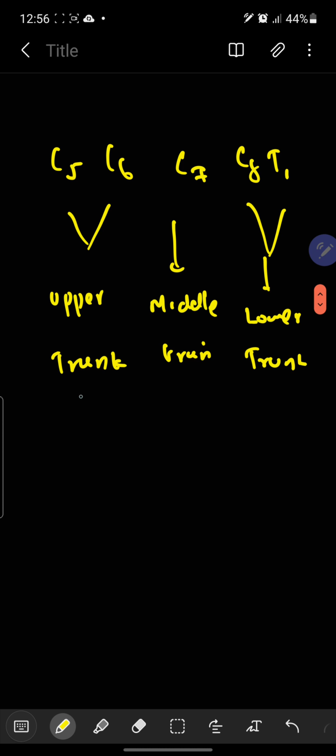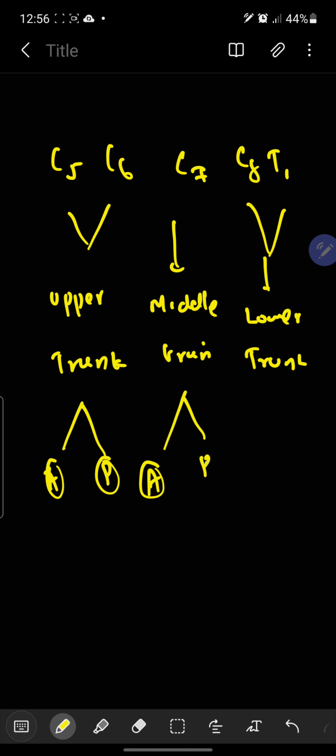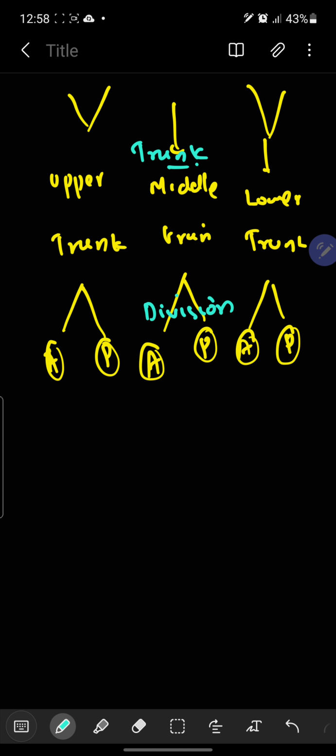This upper trunk is having an anterior division as well as a posterior division. Similarly, all the trunks are having an anterior division as well as a posterior division. The posterior part of each posterior division will form the posterior chord.